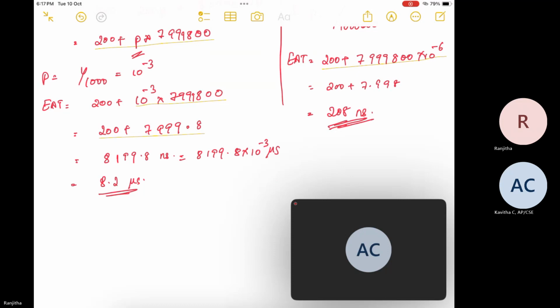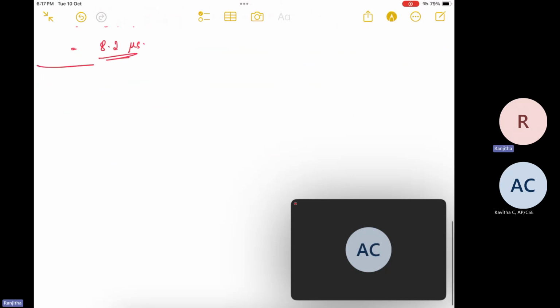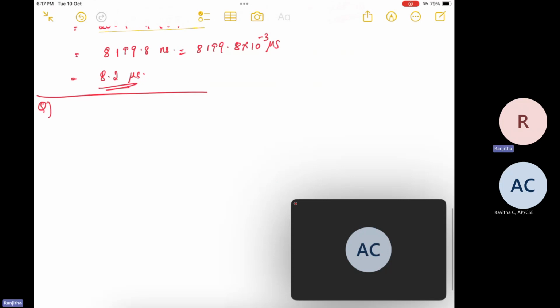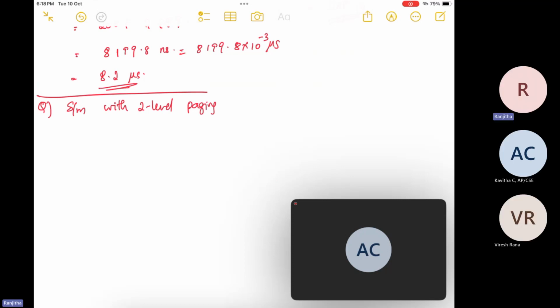So the question was, we have a system with a two-level paging scheme, and regular memory access time of 150 nanoseconds.